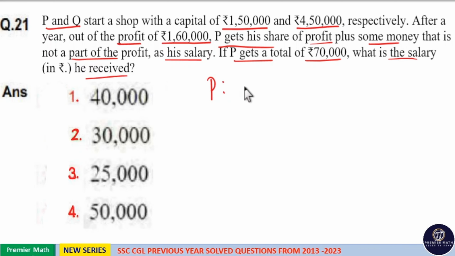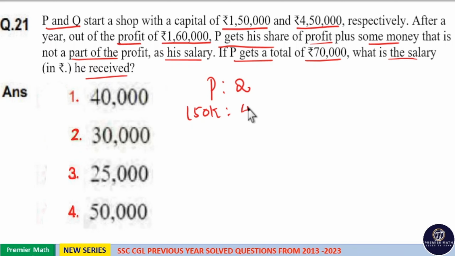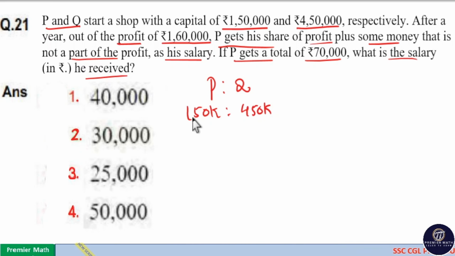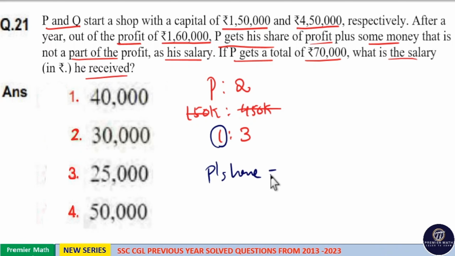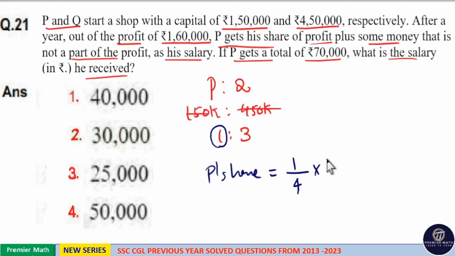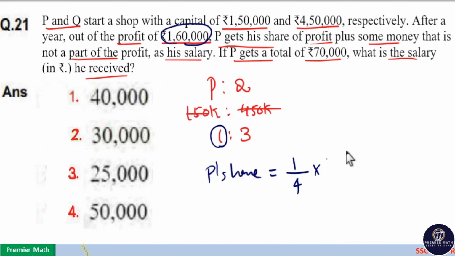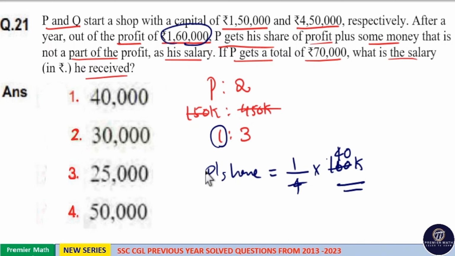Here P and Q's capital is in the ratio 1,50,000 to 4,50,000, which means the ratio is 1:3. That is, P's share is 1 part out of total 4 parts. So P's share is 1 part out of 4 parts into the total profit of 1,60,000, which means P will get 40,000 as his share.